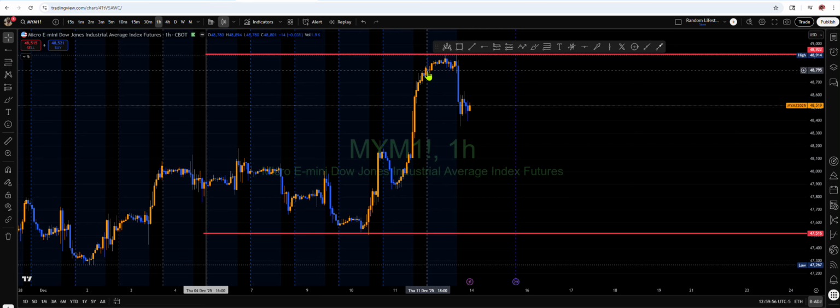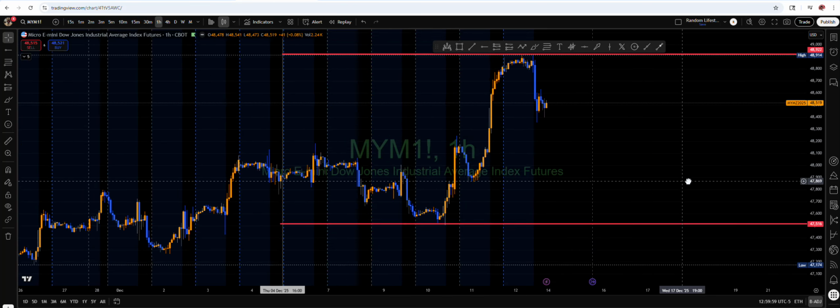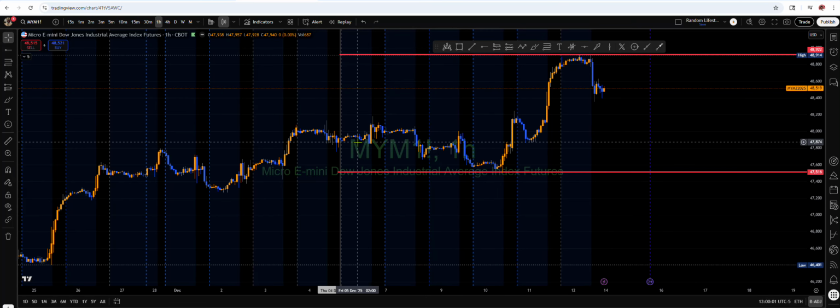So you can see 1800 on the dot, all of that. We're looking for the 7th, we're looking for the 8th. So we're going to go up to the 8th.